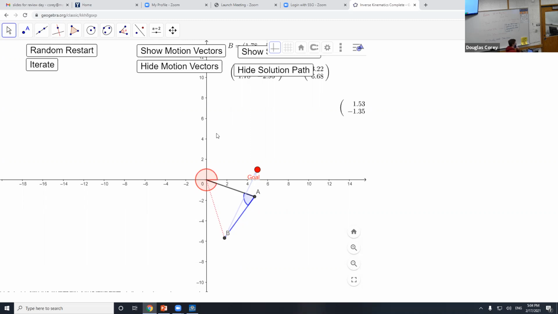But right at the beginning, it's going to move almost in a straight line. Thinking kind of like the derivative idea here: right at that moment, which direction is it heading? That's what I'm after. Right at the beginning moment when you start to change the angle, which direction is it moving? So talk to your neighbors and see if you can figure out which direction B would head if you increased this angle.